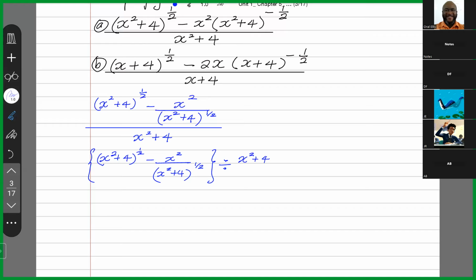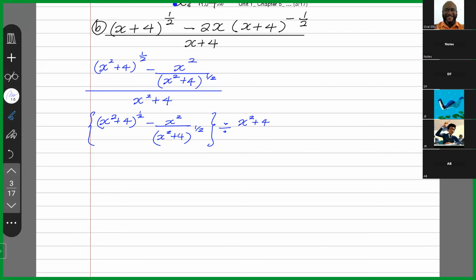So simplifying the numerator, if you're adding or subtracting fractions and the denominators are different, you must find the LCM. So over to the left, the LCM is (x squared plus 4) raised to the half power. Now 1 into (x squared plus 4) raised to the half power is (x squared plus 4) to the half power.